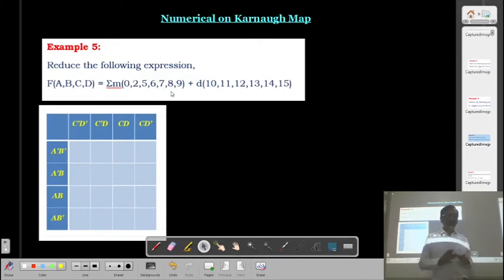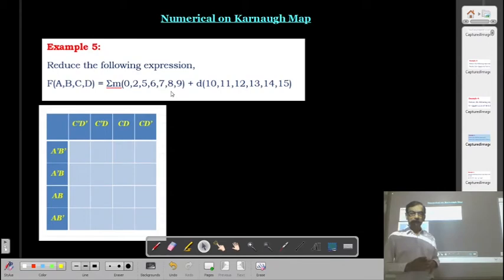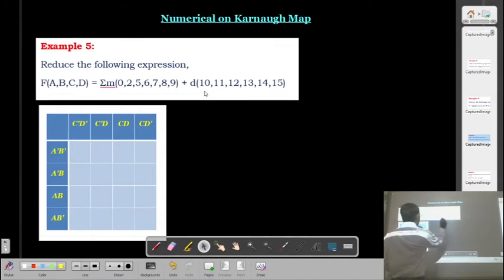So in that case, your output will be high or low, it doesn't make any difference. That combination of the input variables is known as a don't care condition. Remember, this is known as a don't care condition.